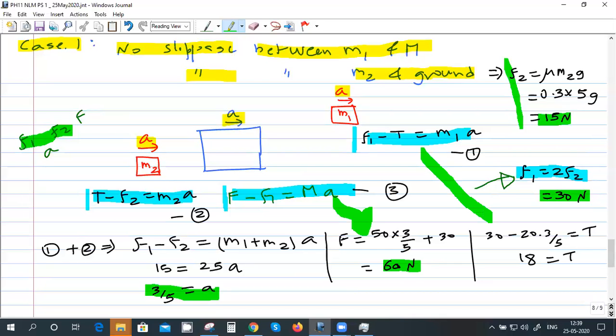And capital T you can get from this one. I think capital F is okay. Yeah, capital F is 60 already.